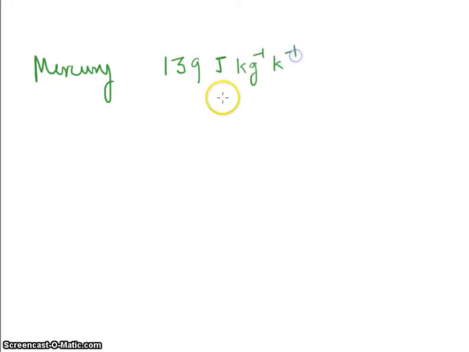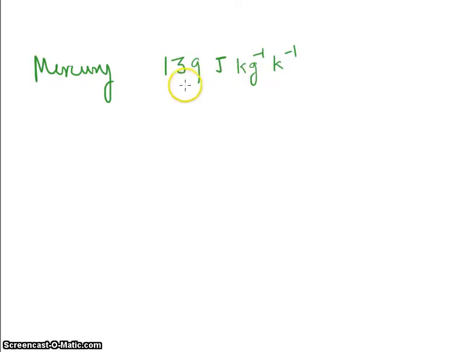Different bodies have different specific heat capacity. So if you were to take mercury, it requires only 139 joules for increase in temperature by 1 Kelvin.